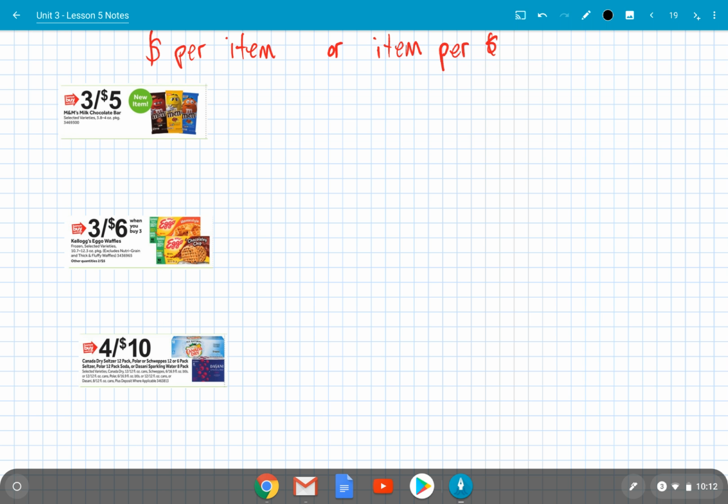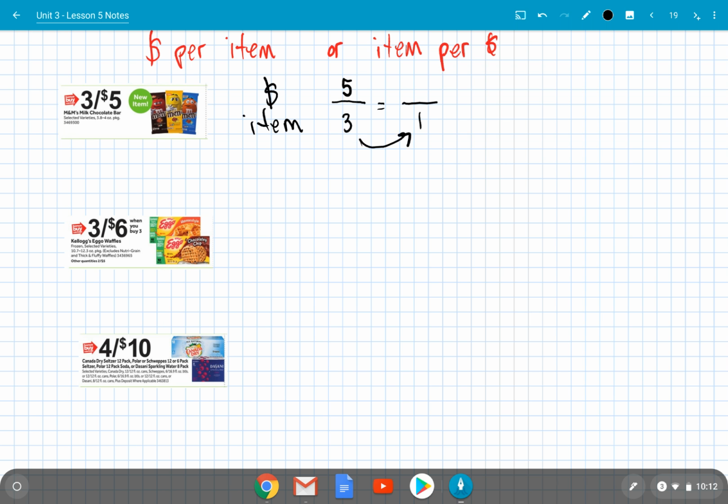So if I do dollars per item, or per unit, or whatever it is, per thing that I'm going to buy, and I just put everything where it needs to be. If it's $5 for 3, what is it going to cost for 1 item?